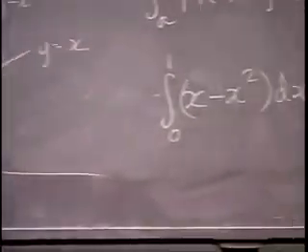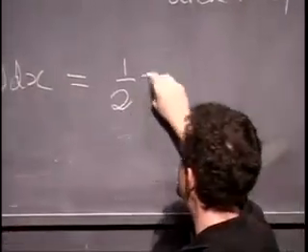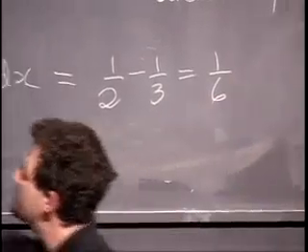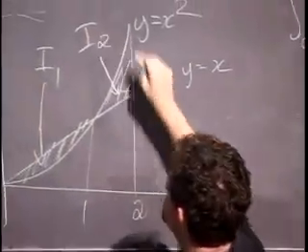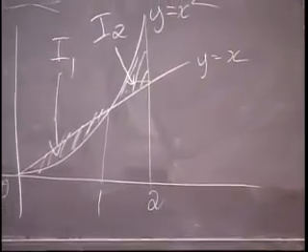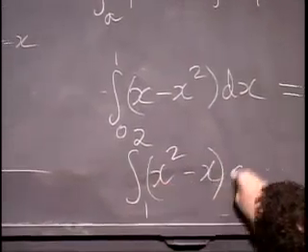And that, of course, I split them up. From 0 to 1, we decided x has integral 1/2, and x squared has integral 1/3. So that is 1/6. But if I go from 1 to 2, then x squared is on top of x. So I kind of need to take the opposite there.